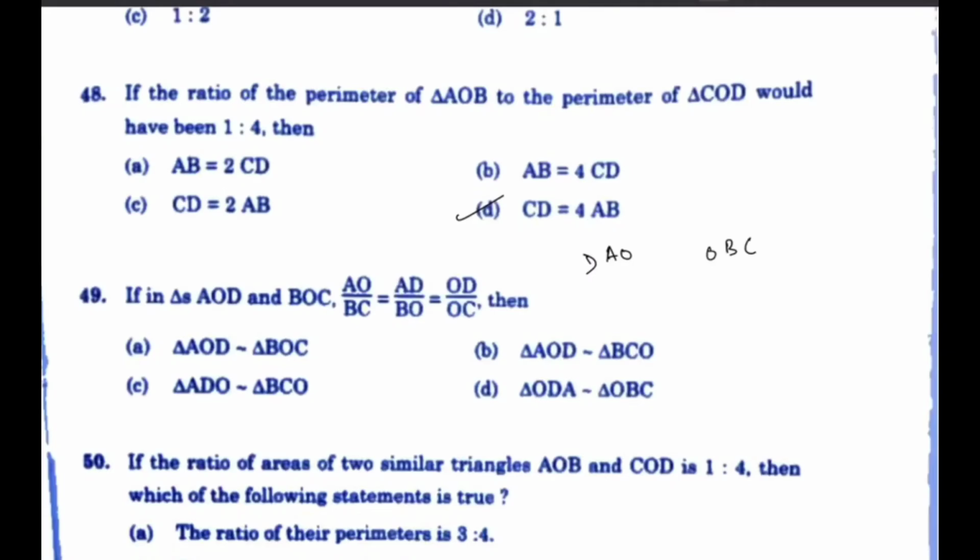This kind of does not make sense, because AD by BO, no, this cannot be the thing. So basically they are trying to make us identify the corresponding parts. Let us see. AO and BC are corresponding.